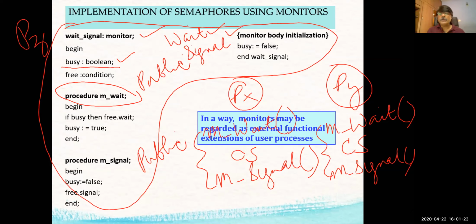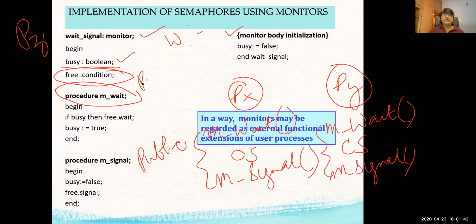The common thing between monitors and semaphores is that both have wait and signal operations. But the difference is that there is something called a condition which is used by the monitor that you do not find in semaphores. I'll let you know the meaning of this condition. You can assume this condition as the header of a queue.